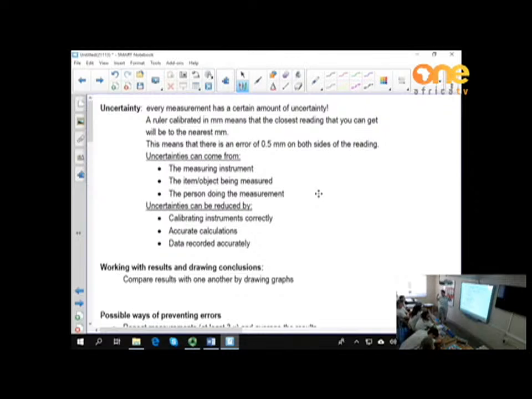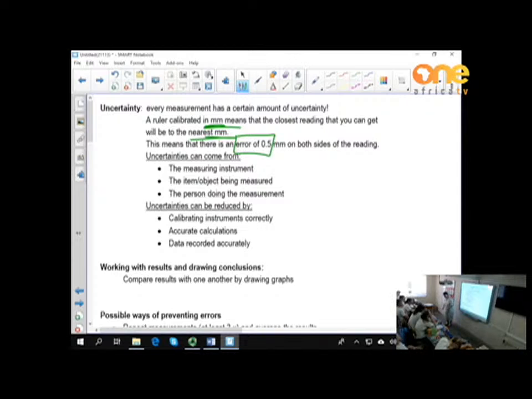This is determined by the unit in which it's calibrated. You can never be more accurate than the instrument. So a ruler calibrated in millimeters means that the closest reading that you can get would be to the nearest millimeter. It also means that on that nearest millimeter there is an error of 0.5 millimeter up and 0.5 millimeter down. If you have a bathroom scale at home, I think it's calibrated to be accurate to the nearest 100 grams.